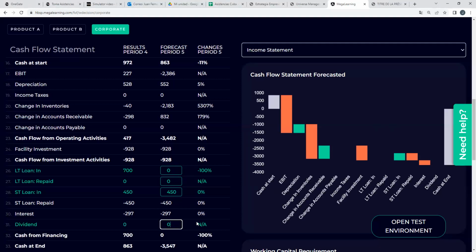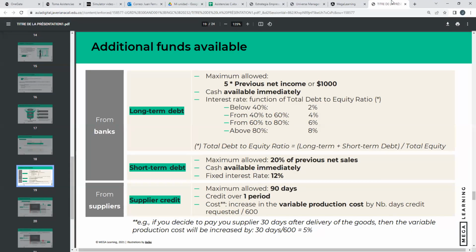There's one slide, slide number 19, that tells me what happened with the long-term debt and what happened with the short-term debt. Let's begin with the most expensive one, the short-term debt. The interest rate of the short-term debt is 12%.